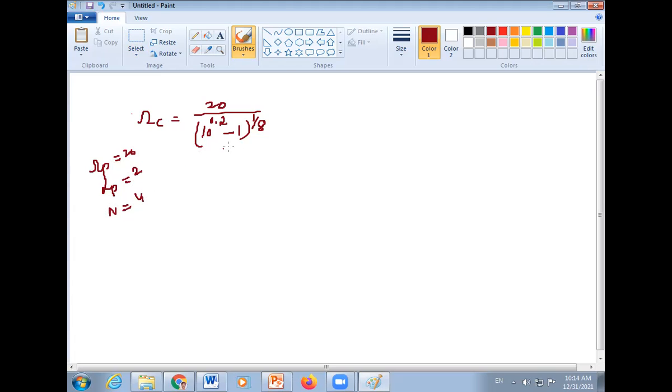By substituting all these values, and simplifying, we get the answer as 21.3868. So this is the cutoff frequency value we have calculated.